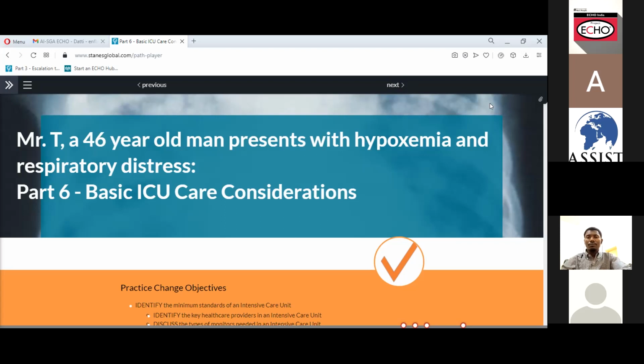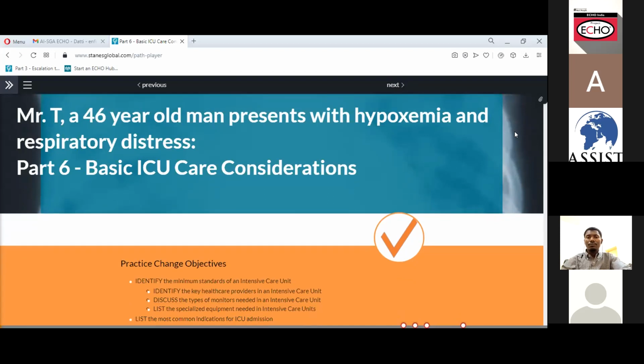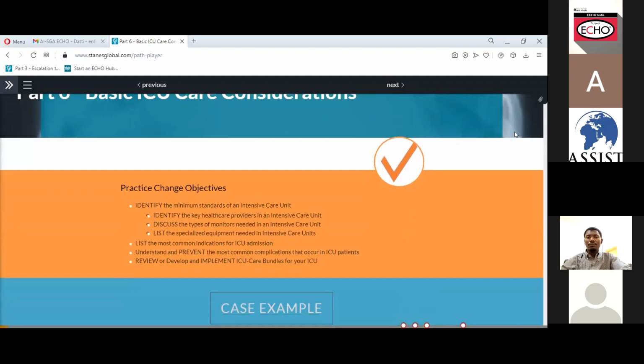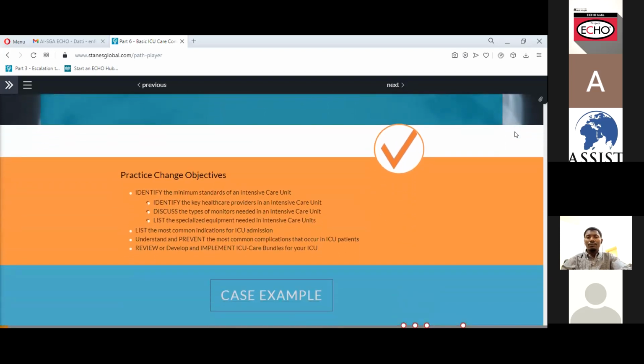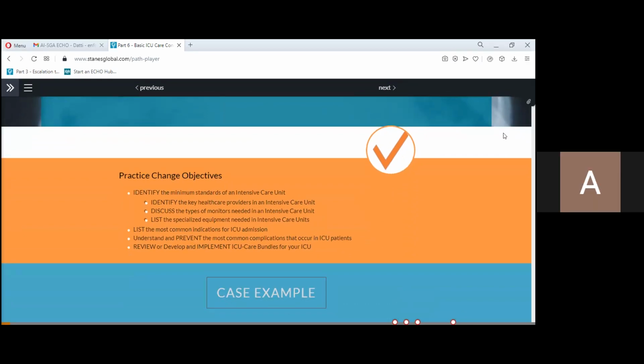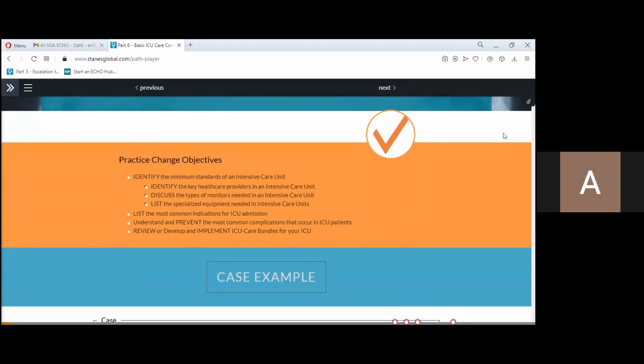So in the practice change objectives, we need to try to identify the minimum standards of an intensive care unit that can be applied across board. And then we need to identify the key healthcare providers in an intensive care unit. We need to also discuss the types of monitors needed in an ICU. We need to list the specialized equipment needed in an ICU.